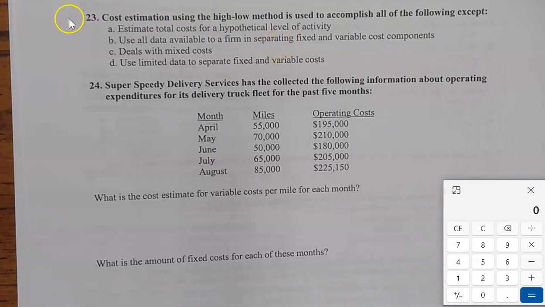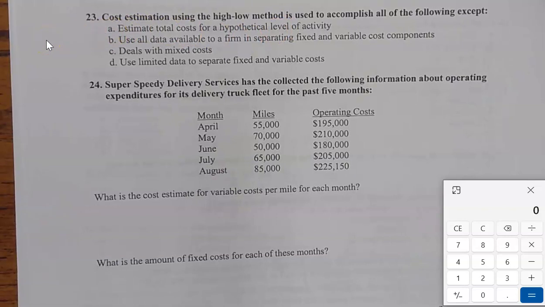Once we separate the fixed and variable cost components, we can then take those components. Okay, well, this amount's going to happen no matter what, so we're going to plot that just as we would in our formula for total cost, fixed cost, or standalone amount. And then we can say, okay, well, now we know what our variable cost per unit of output is, and we can multiply that by a hypothetical level of activity. So A is absolutely a true statement.